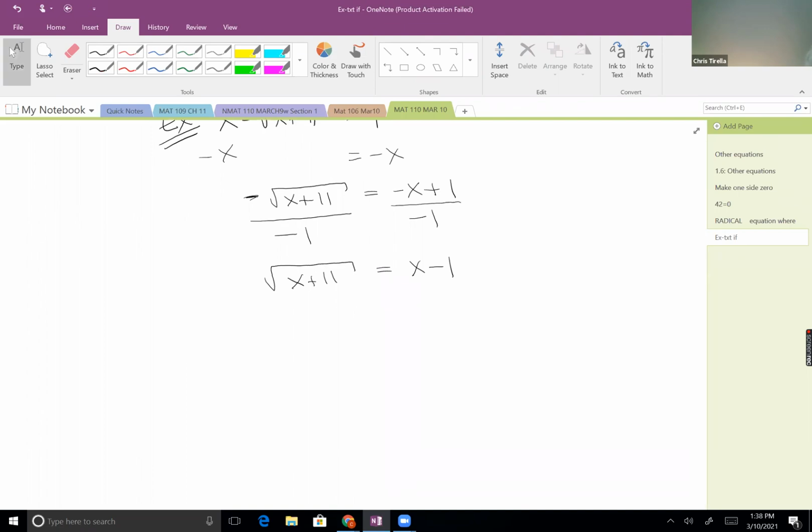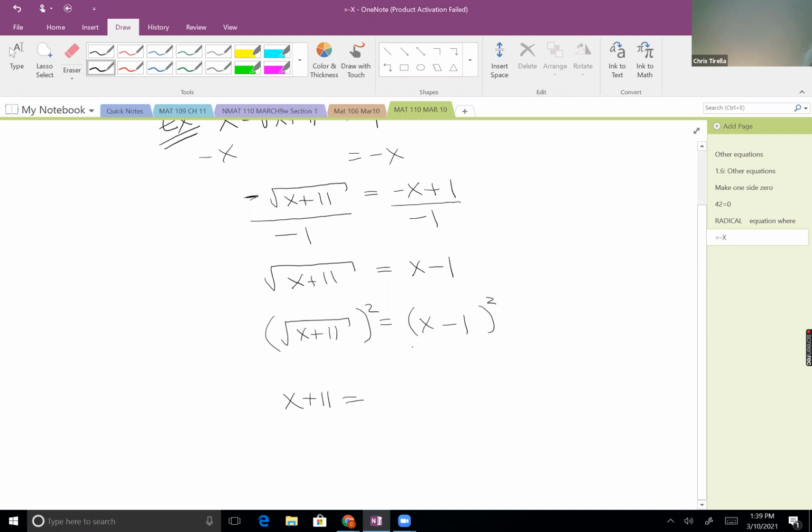Now that the square root is alone, we want to square both sides, to get that variable out from underneath the radical. On the left, when I square a radical, I just kind of take its head off. I get the radicand.